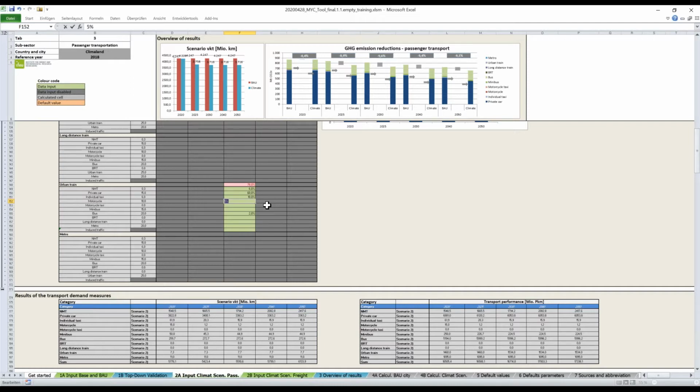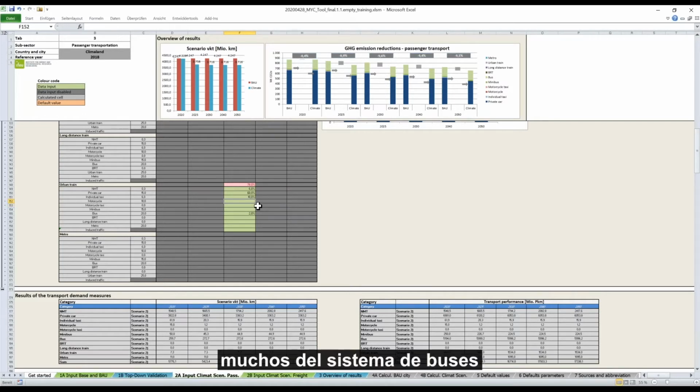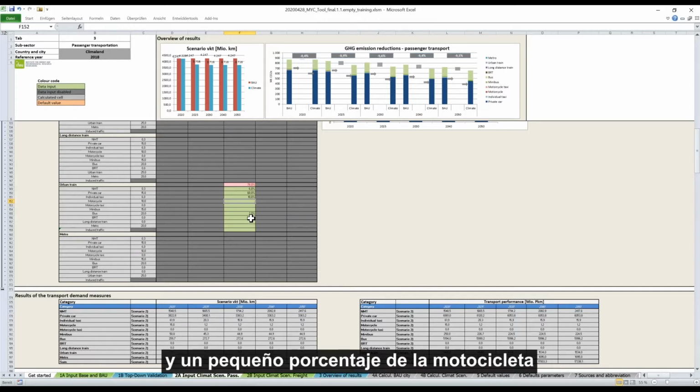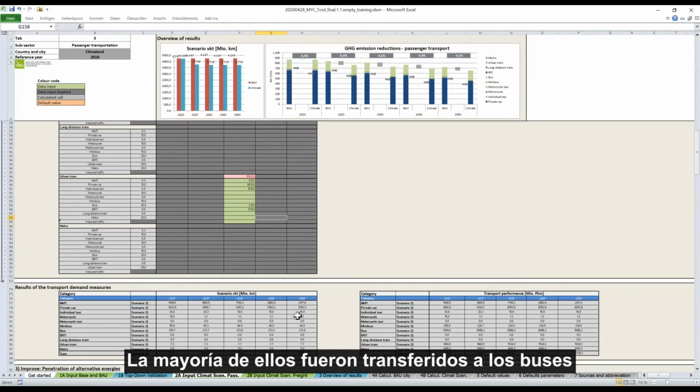So in this case, for example, I say there is nobody coming from a motorcycle. Originally, I planned that people are coming from the bus, the minibus, quite a lot from the bus system, because there are a lot of people in the bus system. As you can see, there are very few motorcycles. Most of them were transferred to the buses.